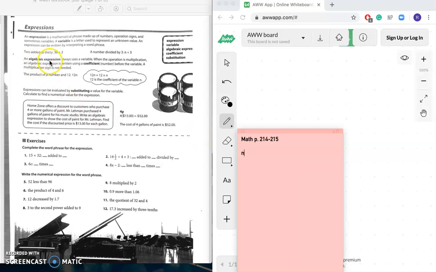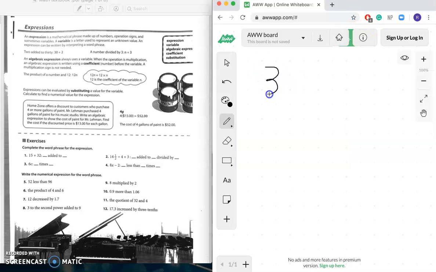So an algebraic expression always uses a variable, and when the operation is multiplication, an algebraic expression is written using a coefficient number before the variable. So basically what it's saying is, for example, if you have 3n, it looks like there's no mathematical operation here. But if you see a number next to a letter, that means to multiply.